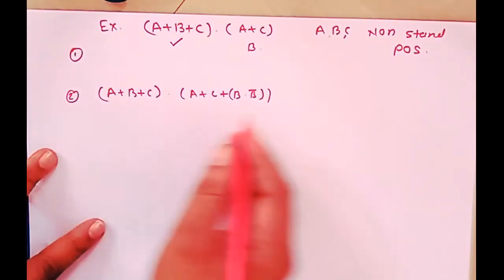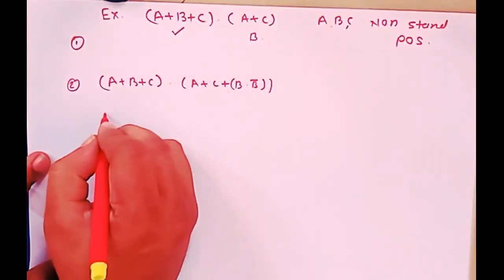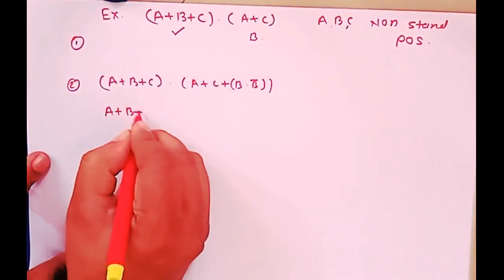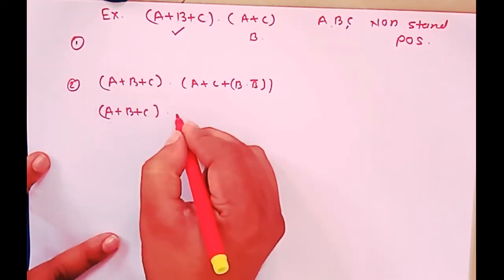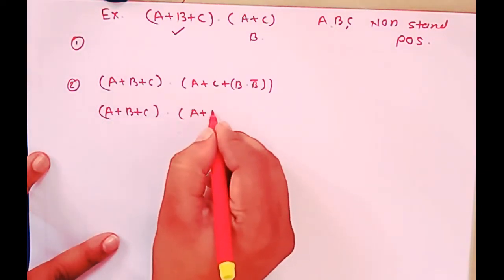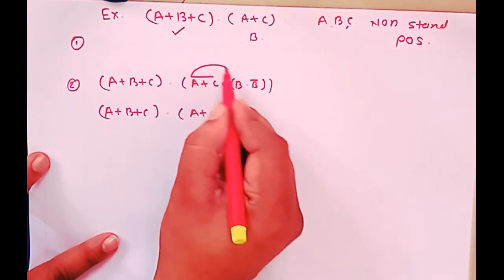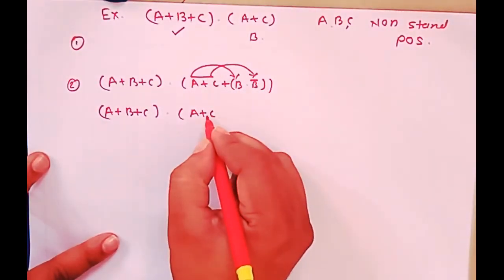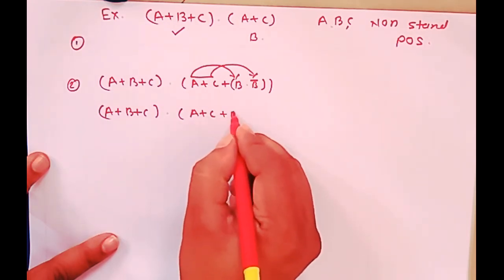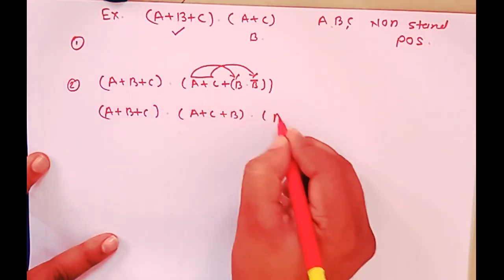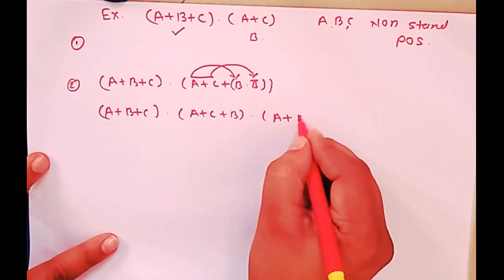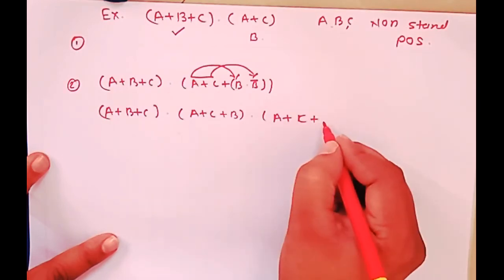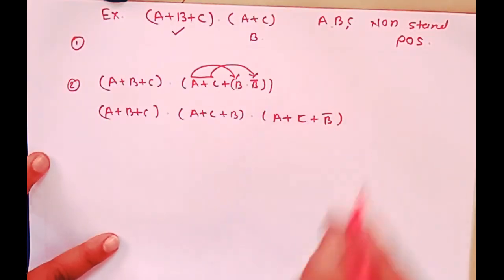After simplification, we write (a plus b plus c) into (a plus c plus b) into (a plus c plus b bar). The term is first added with b and then again added with b bar.